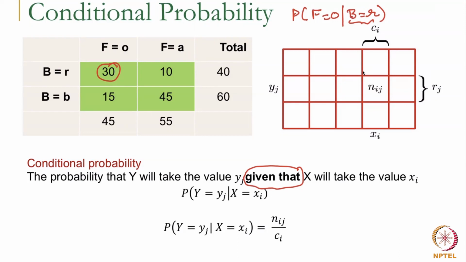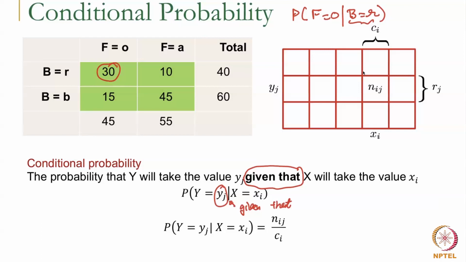So, simple notation: the probability that y is yj, given that, this bar notation was chosen very carefully, as you'll see next, given that x is xi. Now this is easy.